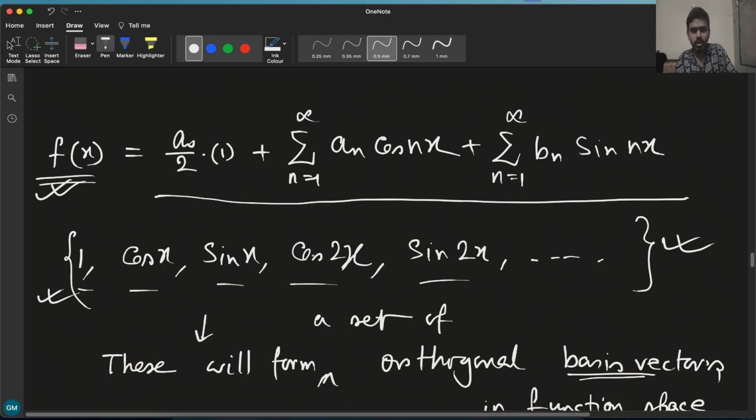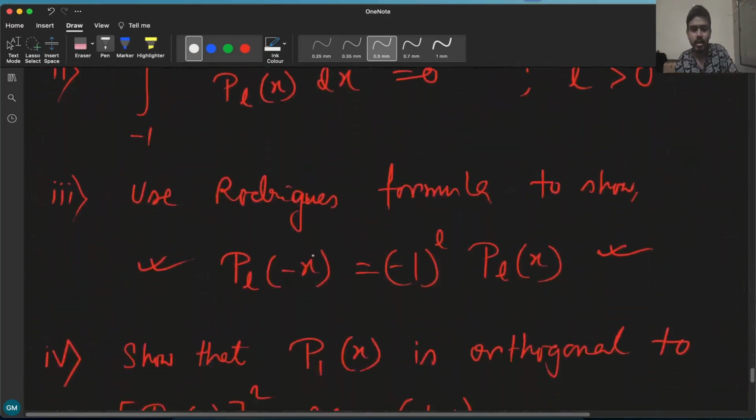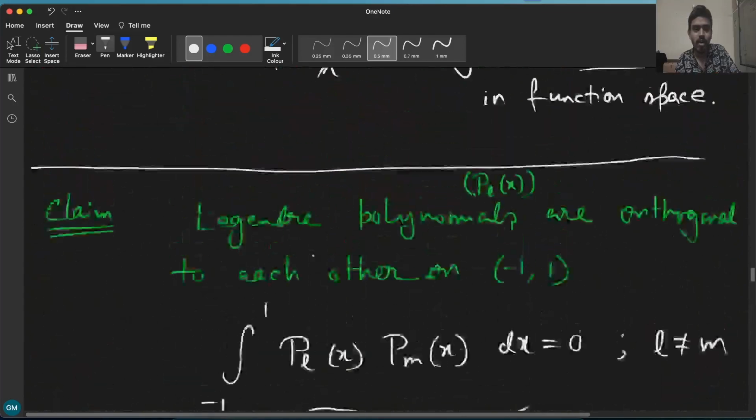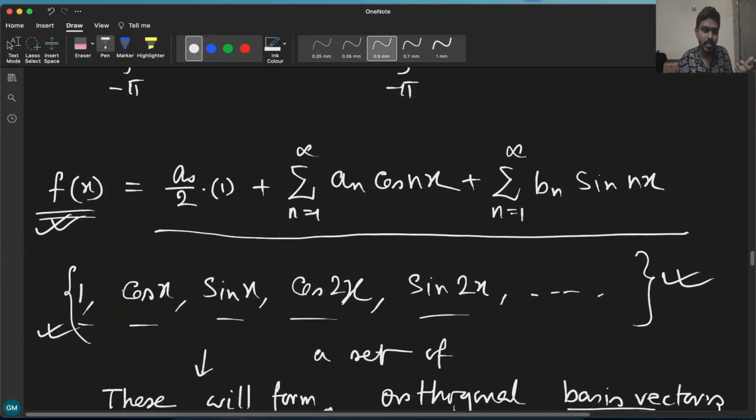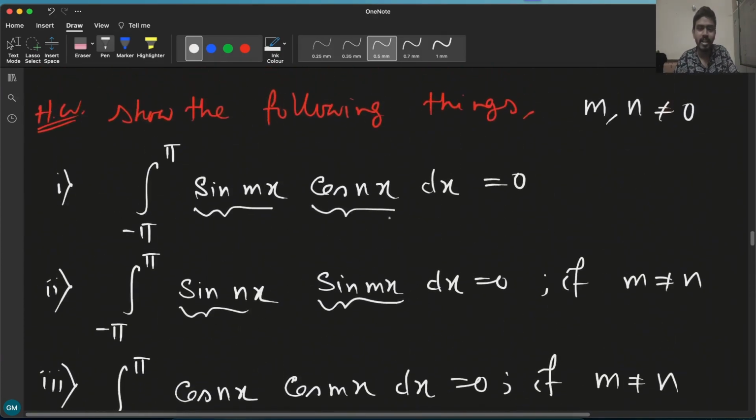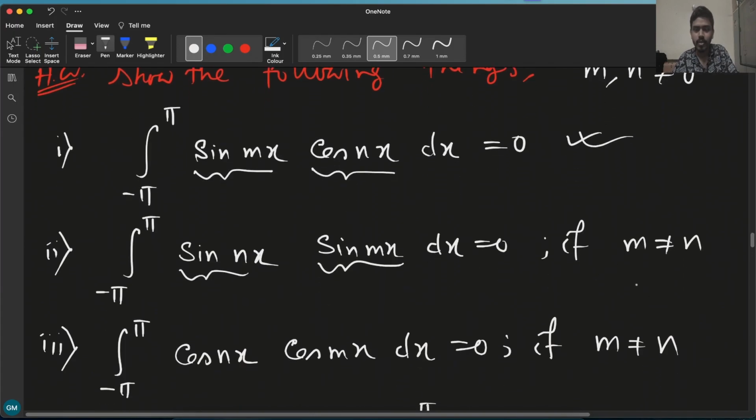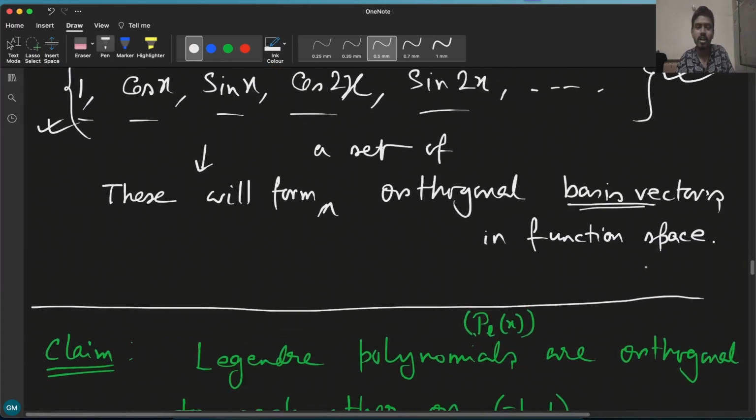We call them basis functions because their inner products, defined like this, are 0.